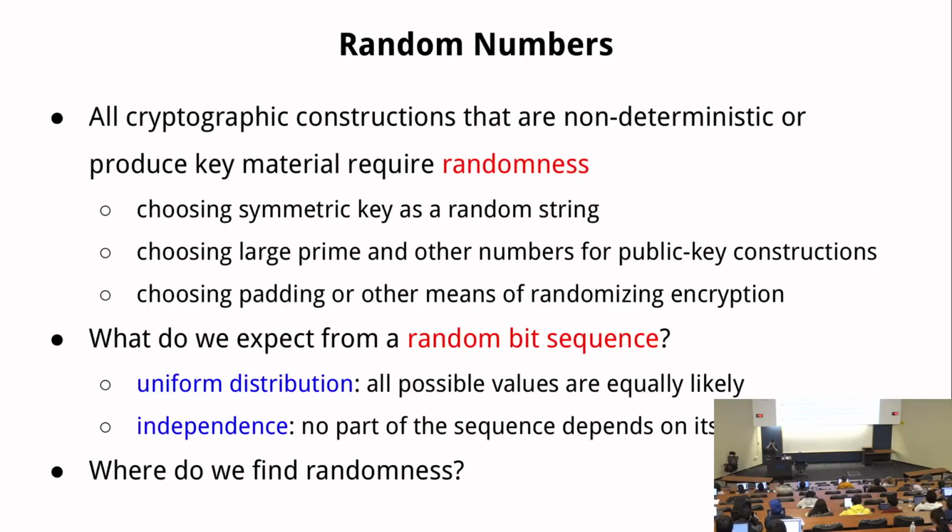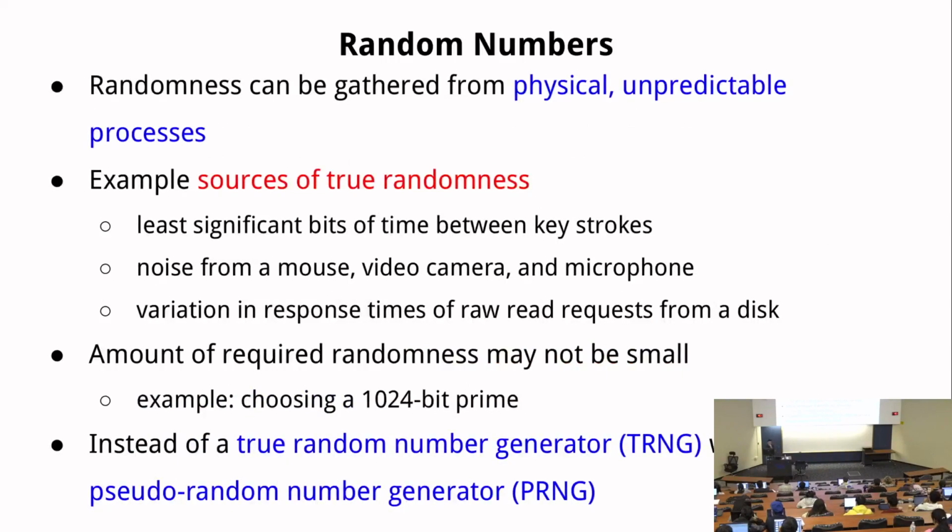So what do we expect from random numbers, or just random bits? They should be uniformly distributed, with no obvious statistical information that lets you guess the random numbers, and the bits should be independent of each other to make it more random. So where do we find that kind of randomness? We believe true randomness can be gathered from the unpredictable physical world. But they are not necessarily true randomness.